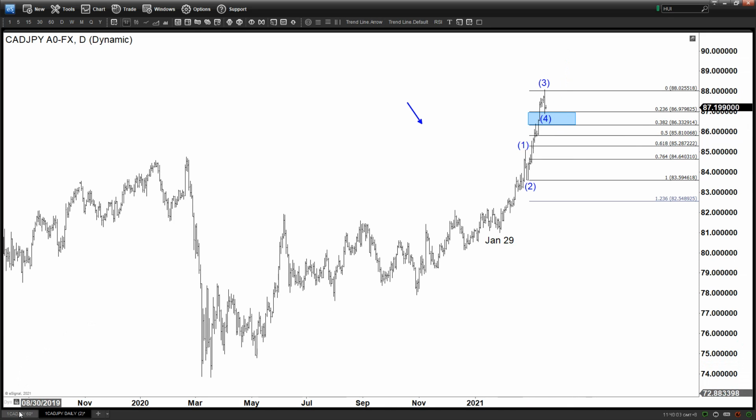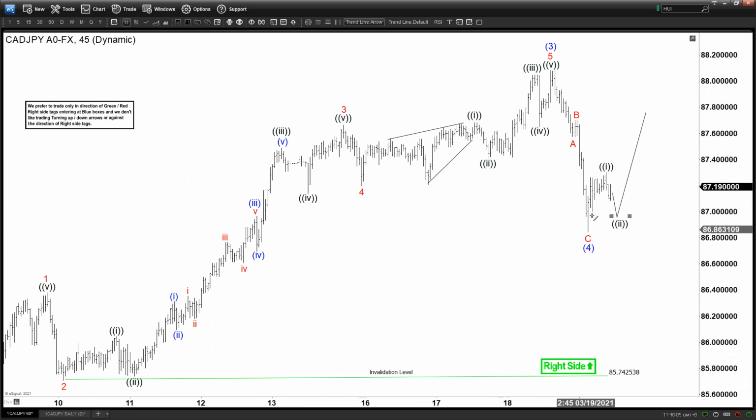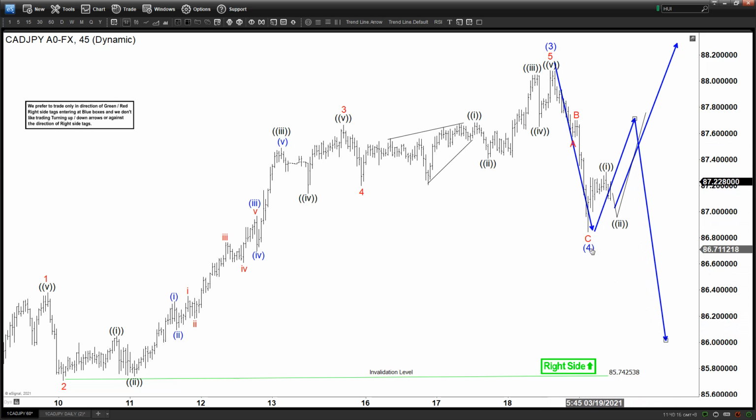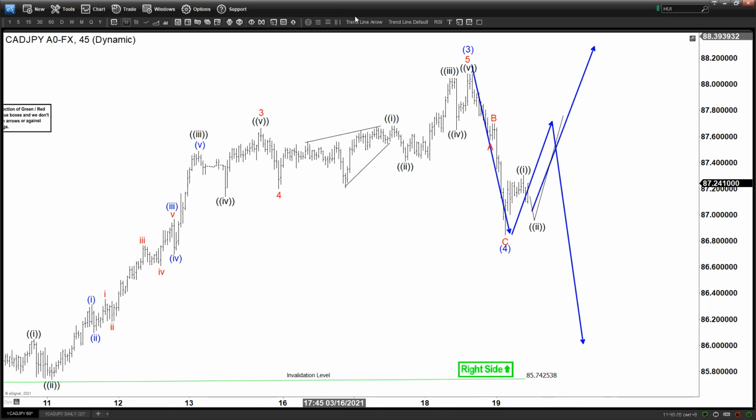So the chance here is either we finish and go up, or let's say this could be doing ABC somewhere around here, fail and go down, and then that will be your wave 4. And then that means if that's the case, we're going to rally to new high from here.